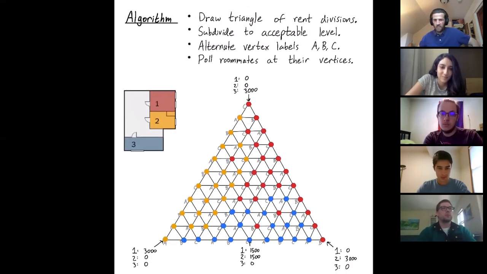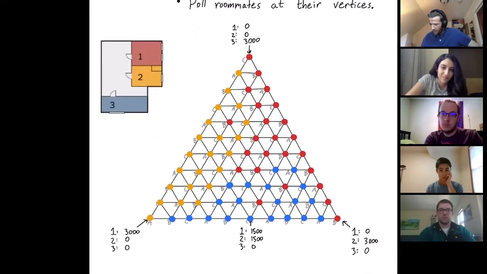Here's maybe a more quote unquote realistic picture of how the polling might go. It's more realistic in the sense that according to this picture, you can see that person B maybe likes the red room, room 1, more than the others do, right?